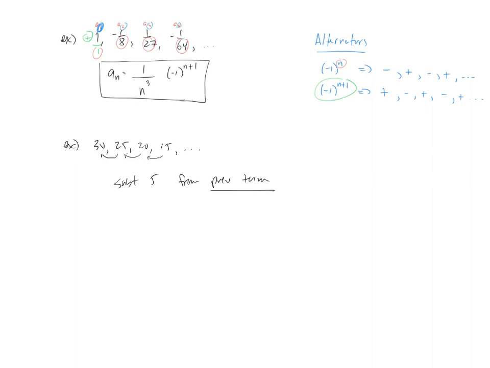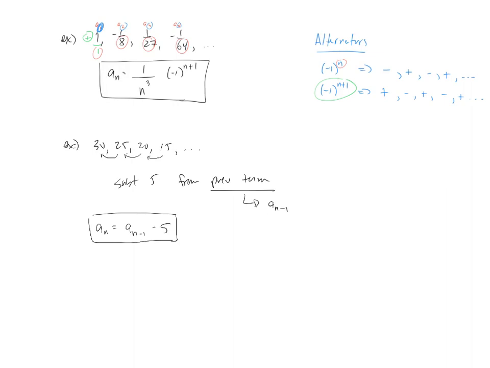And if you remember a few minutes ago, we denoted that previous term as a sub n minus 1. So our recursion formula would be subtracting 5 from the previous term. And if you remember also, in that last problem we worked with recursion, they had to tell us where to start.